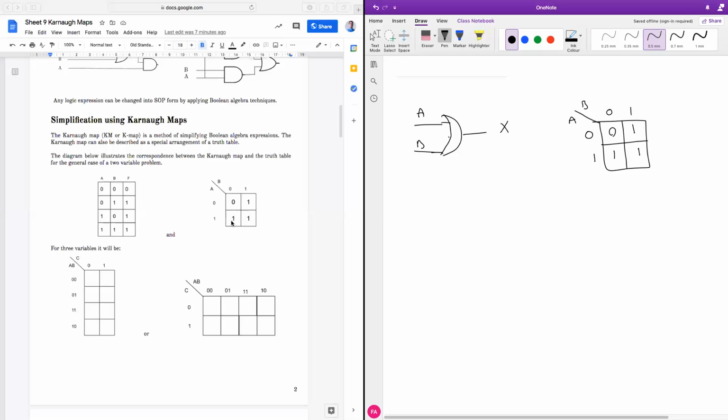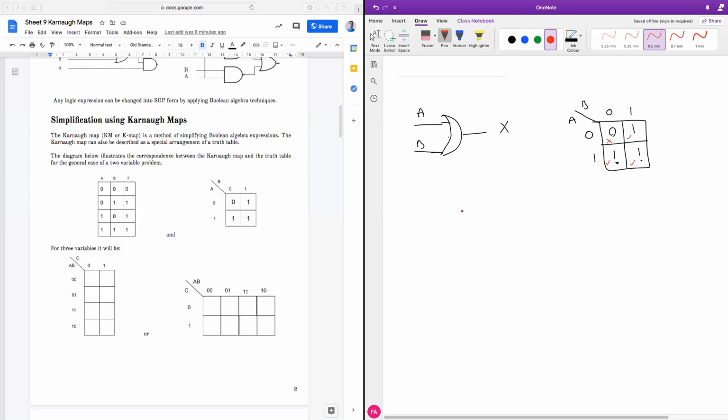So the first step is to create this K-map, this new table. As you see here, this table works based on only the outputs of ones. Zeros are not important for us. Only these ones are important. So imagine that if you have a bigger circuit with more than 2 inputs, it would be very hard to create the truth table using all the different permutations of the inputs.